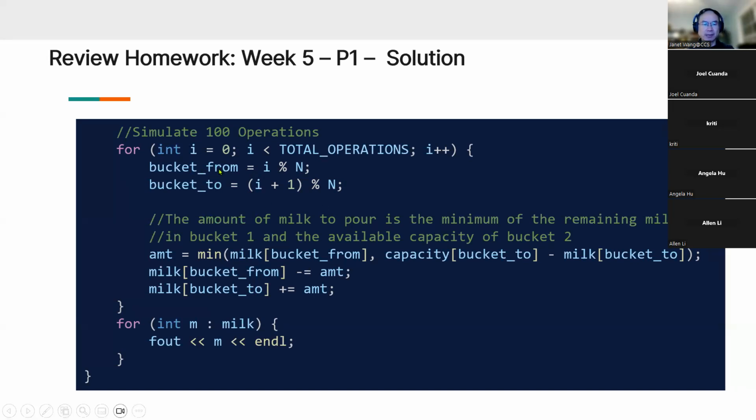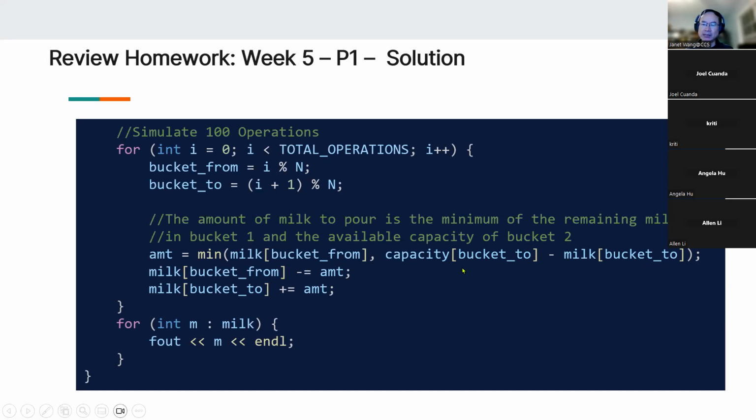So you get those bucket indices, and then you calculate the amount that you can pour. The first is the minimum of what's in the bucket you pour from, and the difference in capacity. For the bucket you pour to, that's the capacity, and then you subtract the amount already there.